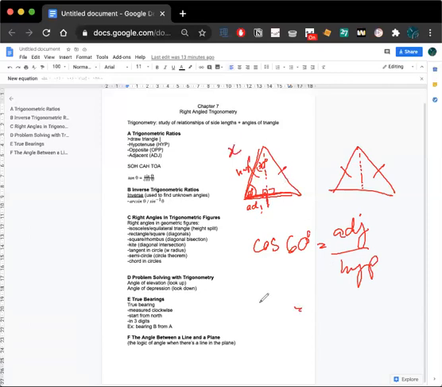So cos 60 is 1/2, which is half of x over x.